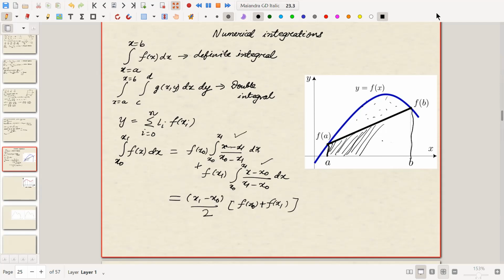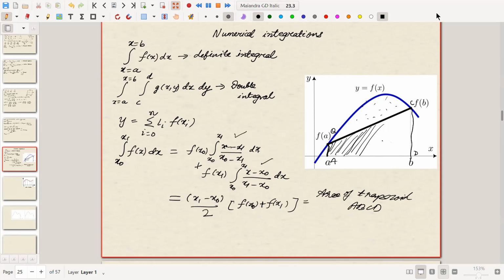Remind yourself that this is the area of a trapezoid. If I give these names A, B, C, D, then this is the area of trapezoid ABCD. Hence, we have the trapezoidal rule.